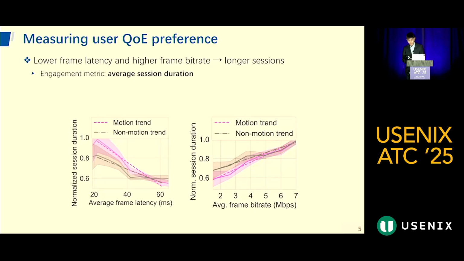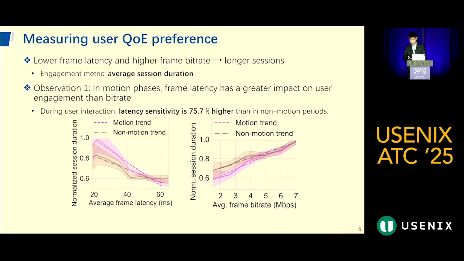We further make an interesting observation: during motion phases, shown by the pink line, session duration drops much faster as latency increases. In fact, the drop is 75% steeper compared to non-motion phases. The graph on the right shows a similar but less pronounced trend for bitrate.